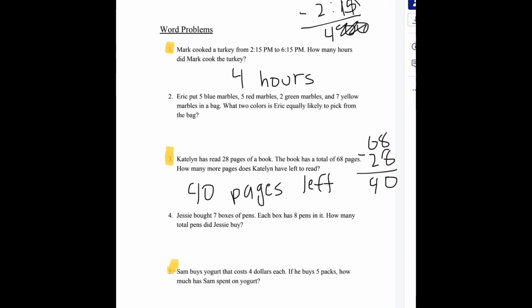Okay, Sam bought yogurts that cost $4 each. If he buys 5 packs, how much has Sam spent on his yogurt? So each yogurt costs $4, and if he bought 5 packs, we're supposed to multiply because we're supposed to find how much he spent.